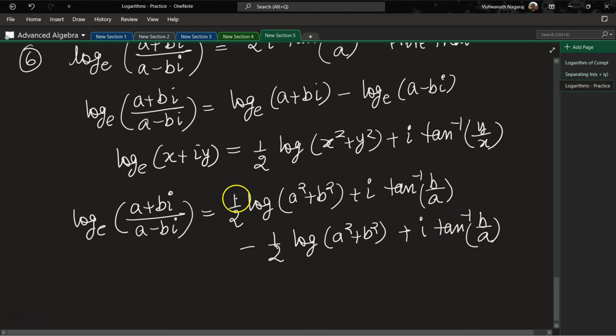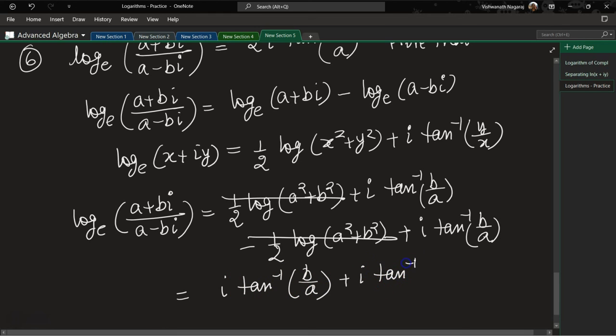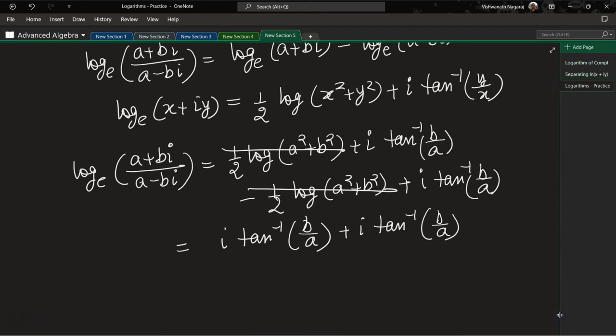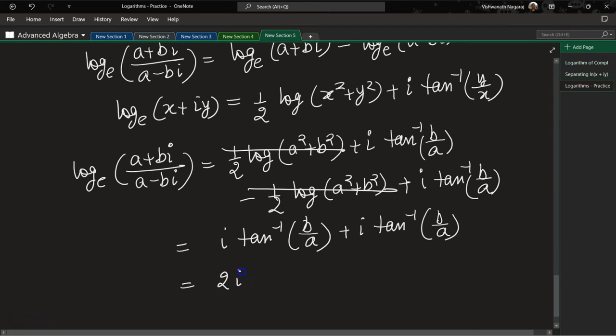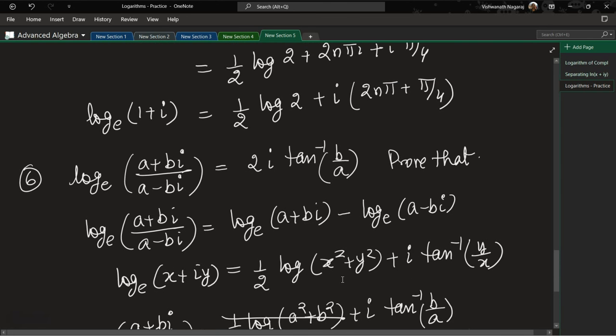So as you notice, this and this gets cancelled and we are left with I tan inverse of b by a plus I tan inverse of b by a, which means we have 2I tan inverse of b by a, which is what we had to show. 2I tan inverse of b by a.